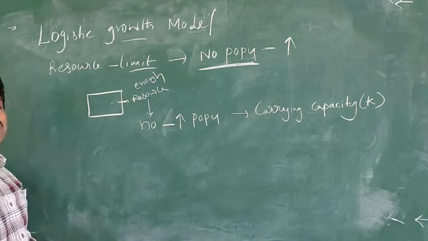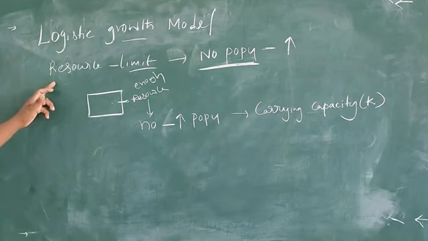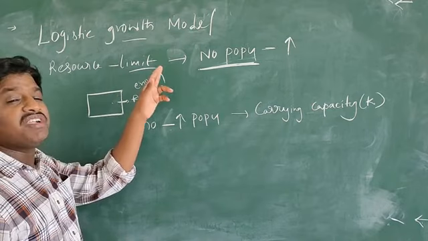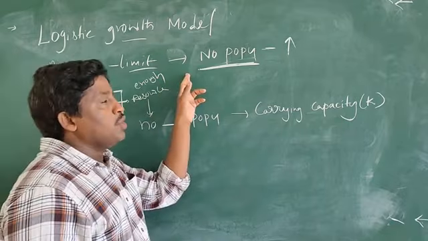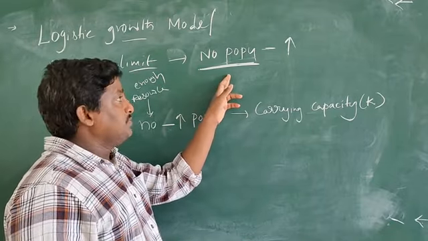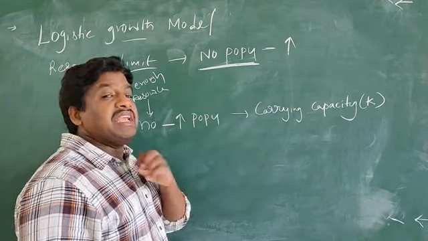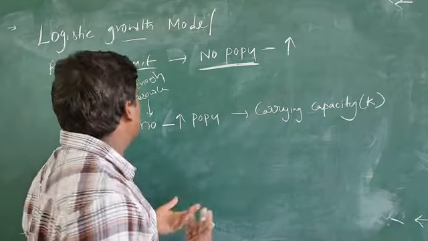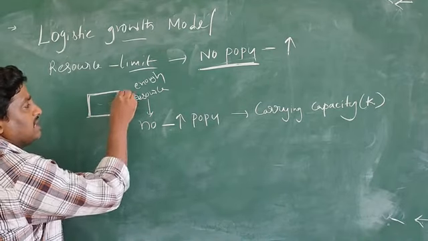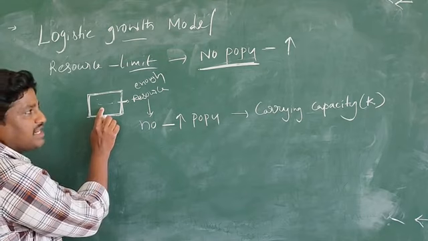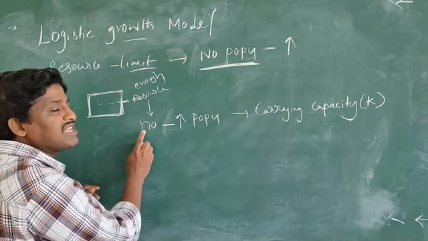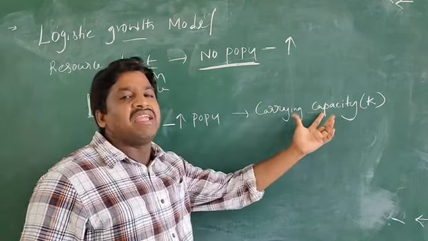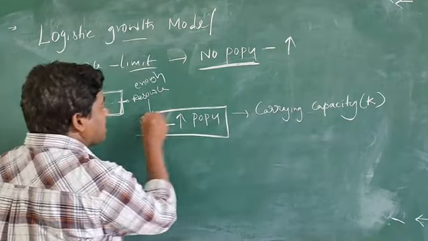Now in the logistic growth model, resource availability becomes limited at a certain point of time, so the population cannot increase exponentially. In nature, the given habitat has enough resources to support a maximum number of individuals, so there is no further increase in the population. That we call the carrying capacity.